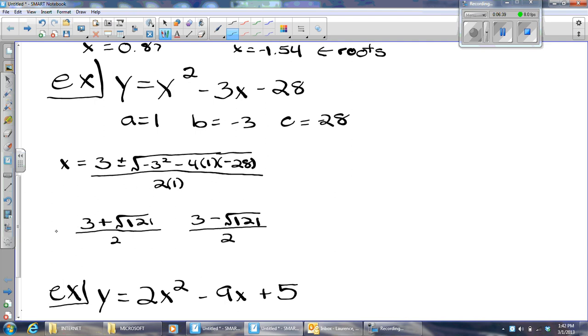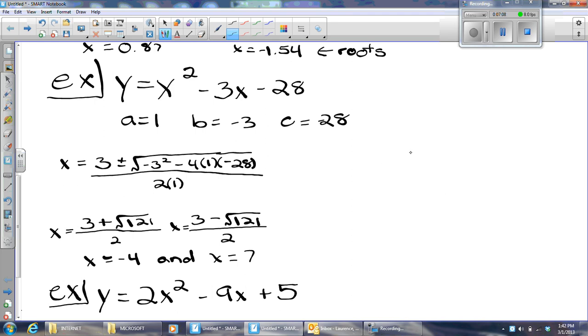Keep our x here, x equals, and x equals. So then we get x equals -4 and x equals 7. So -4 and 7 are our roots.